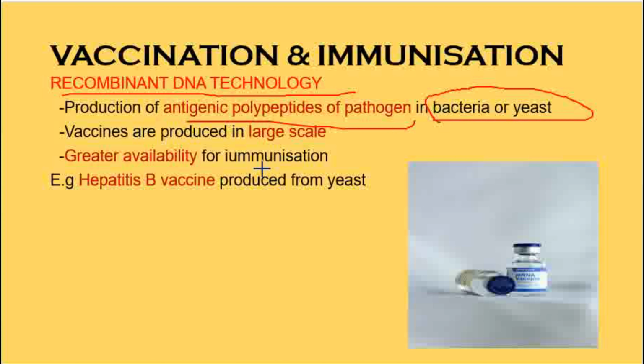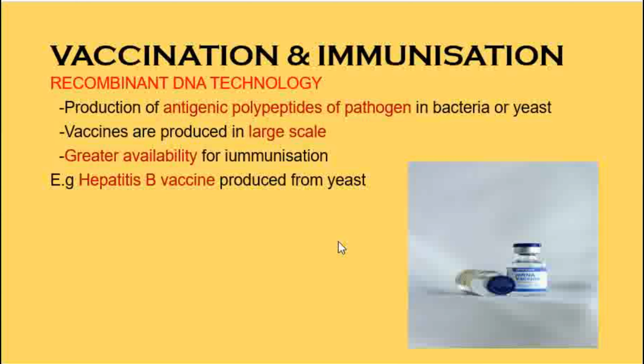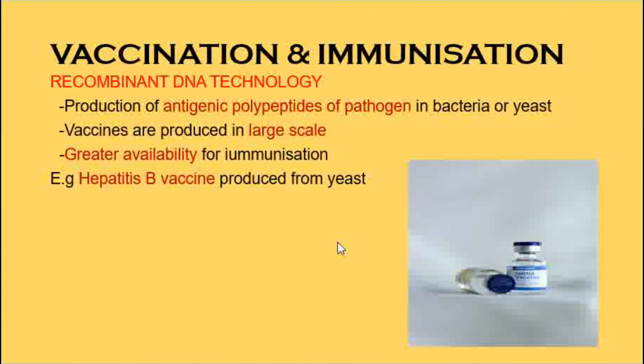Vaccines are produced on a large scale by this technique, giving greater availability. Since our population is very high, we need more vaccines, and utilizing recombinant DNA technology we can produce more. An example is the hepatitis B vaccine produced from yeast. So this is about recombinant DNA technology, which can be utilized for the production of vaccines.